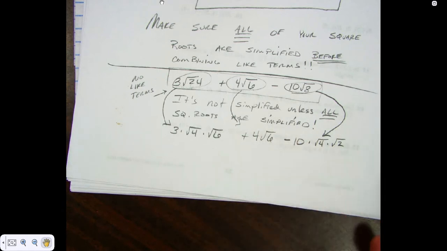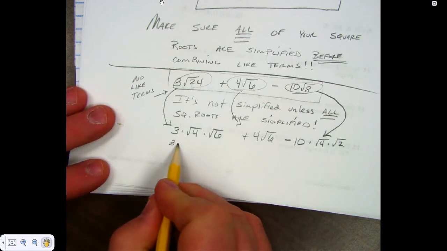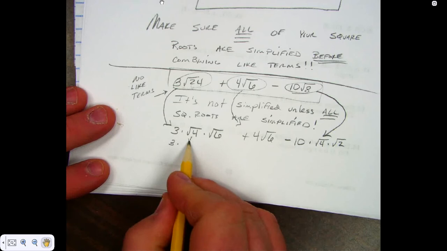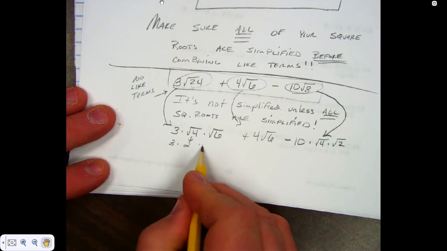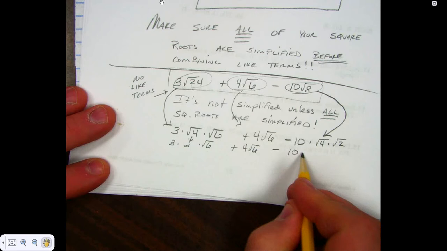This may change whether you have like terms. It may not. But you can't say the expression is simplified until you've what? Simplified each what? Square root. What happens here? This becomes 3 times what? What does this become right here? Times square root of 6. This stays 4 square roots of 6. Minus this becomes 10 times what?